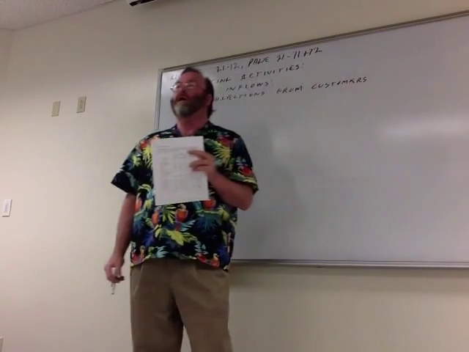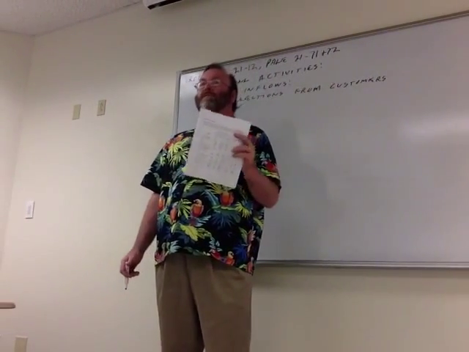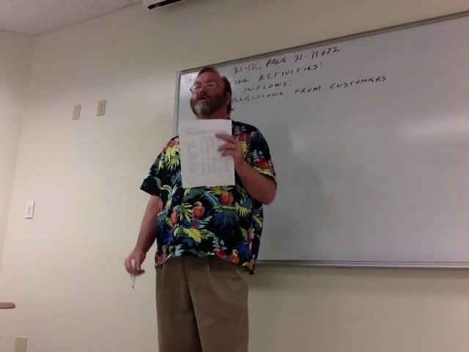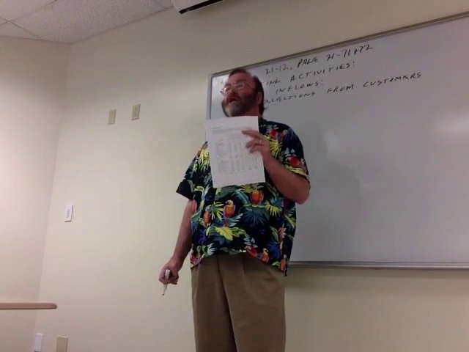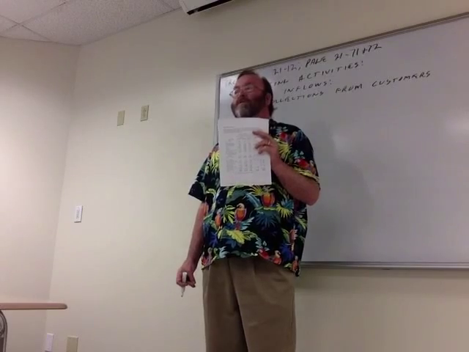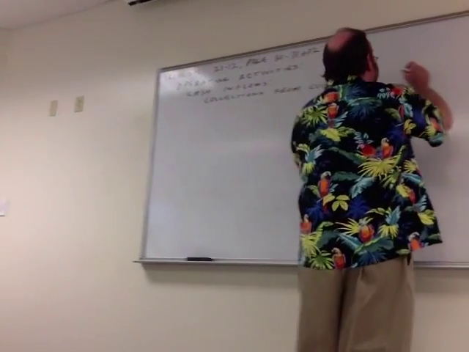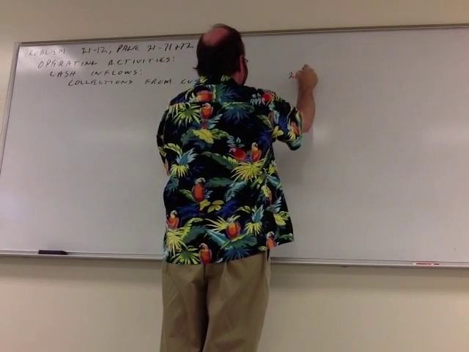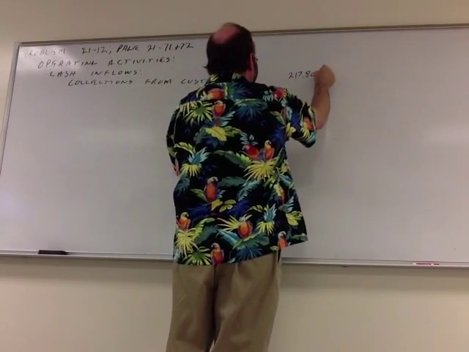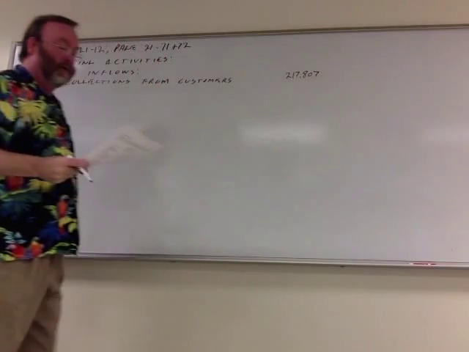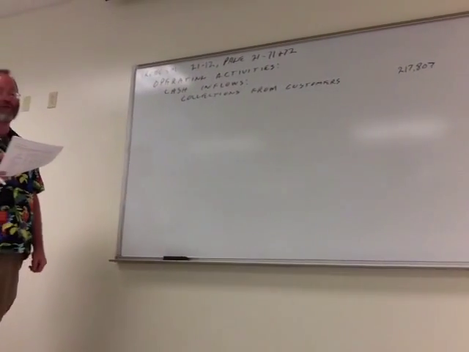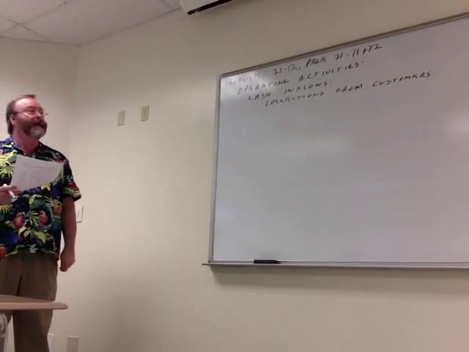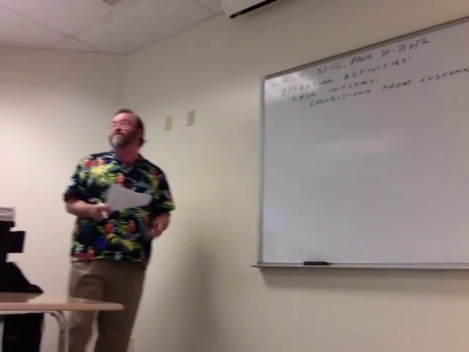So if accounts receivable goes up, what do we do to sales to get cash collected from customers? Down, exactly. So $217,807 is the 242 minus the 25. And that's our only cash inflow.